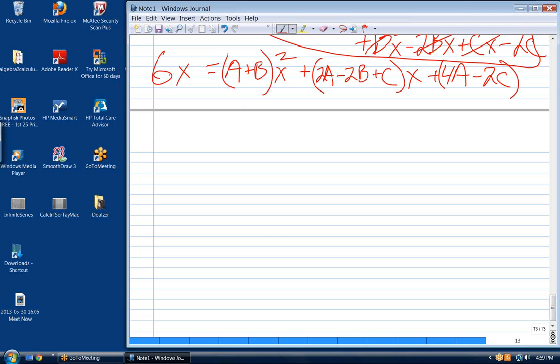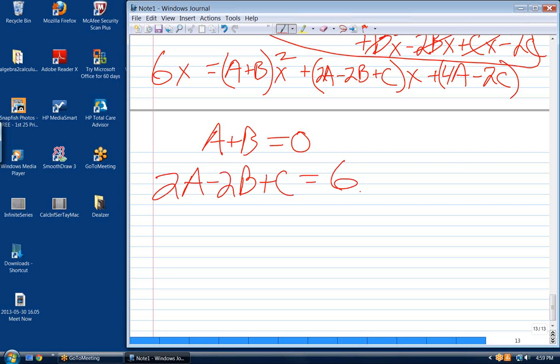There's no x squared term on the left. Therefore, a plus b has to equal 0. Okay. And 2a minus 2b plus c has to equal 6. And finally, 4a minus 2c has to equal 0.